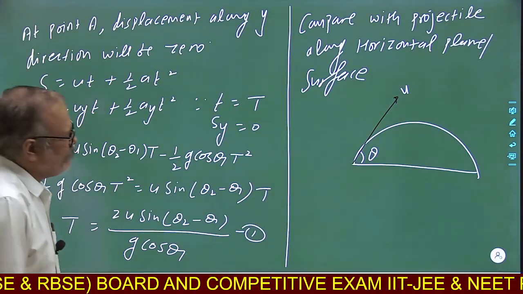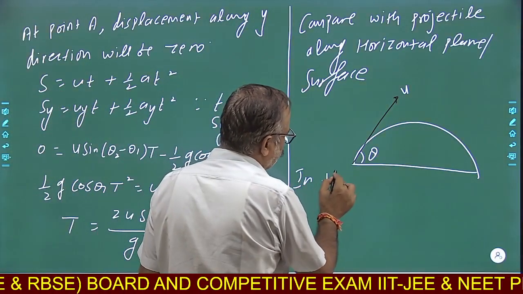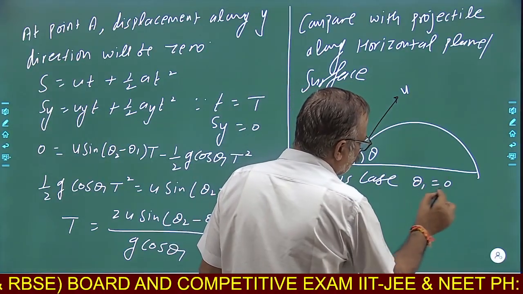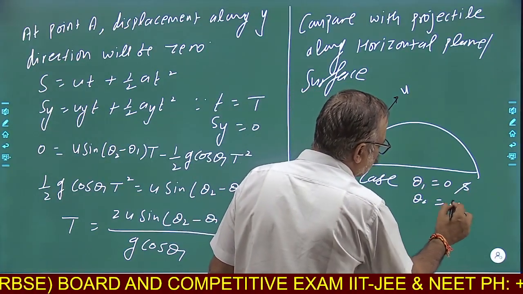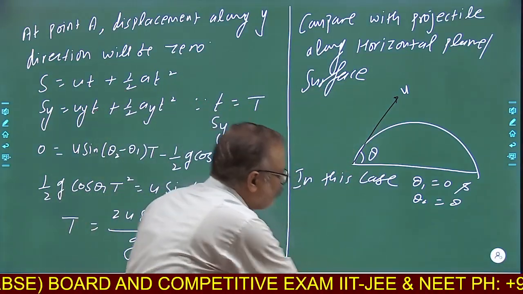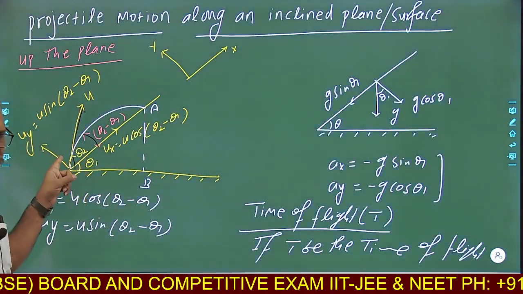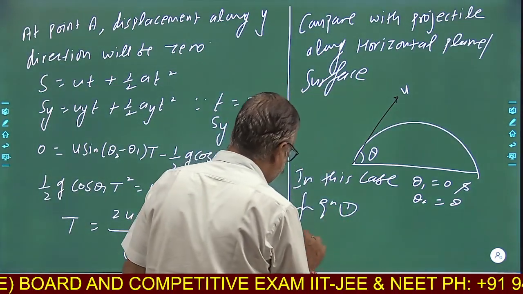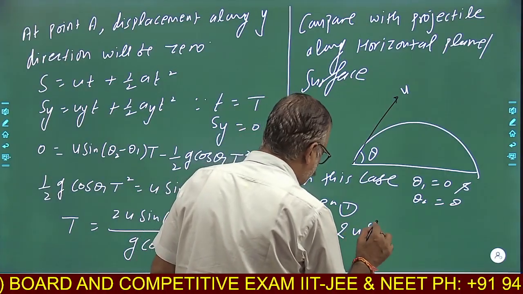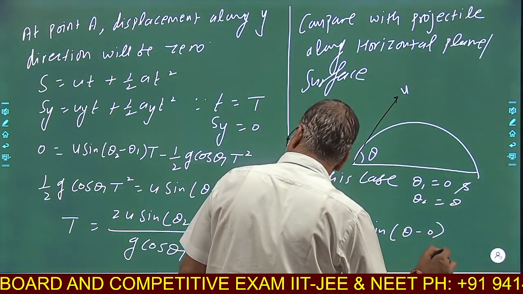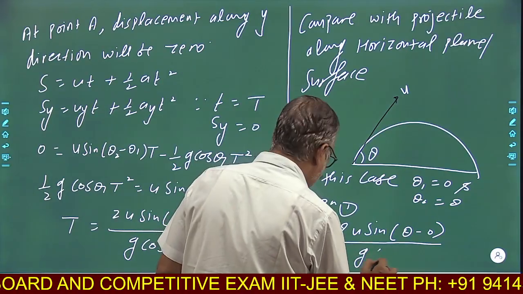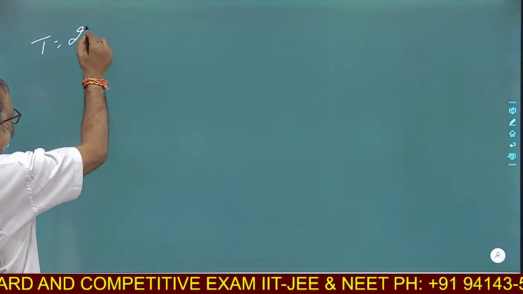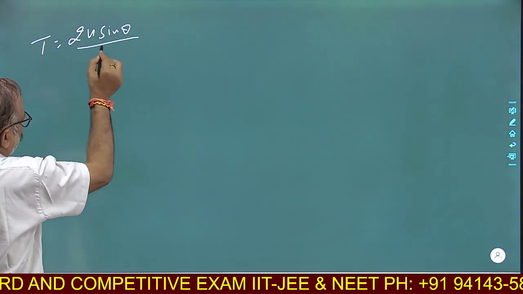In this case, theta1 equal to 0 and theta2 equal to theta. So from the first equation, t equal to 2u sin theta minus 0 upon g cos 0. So t equal to 2u sin theta upon g.